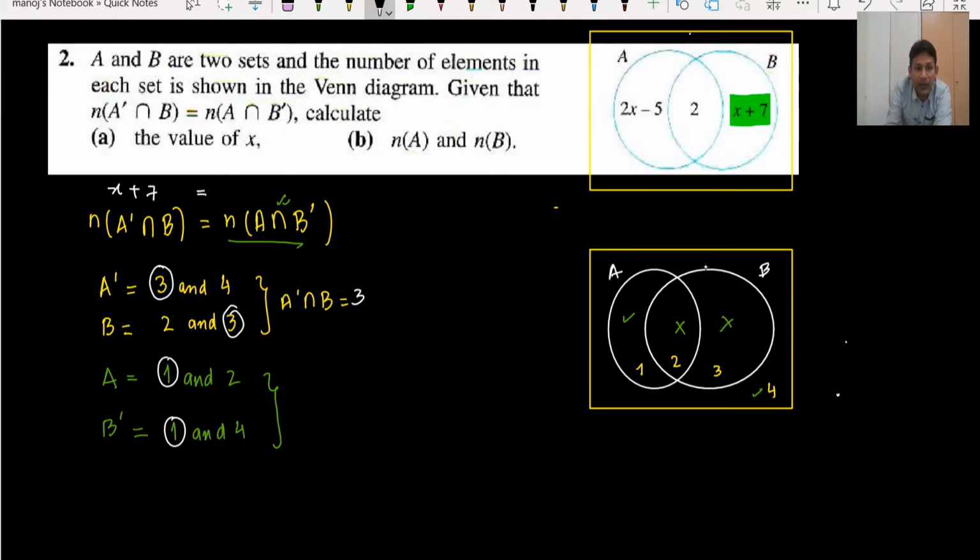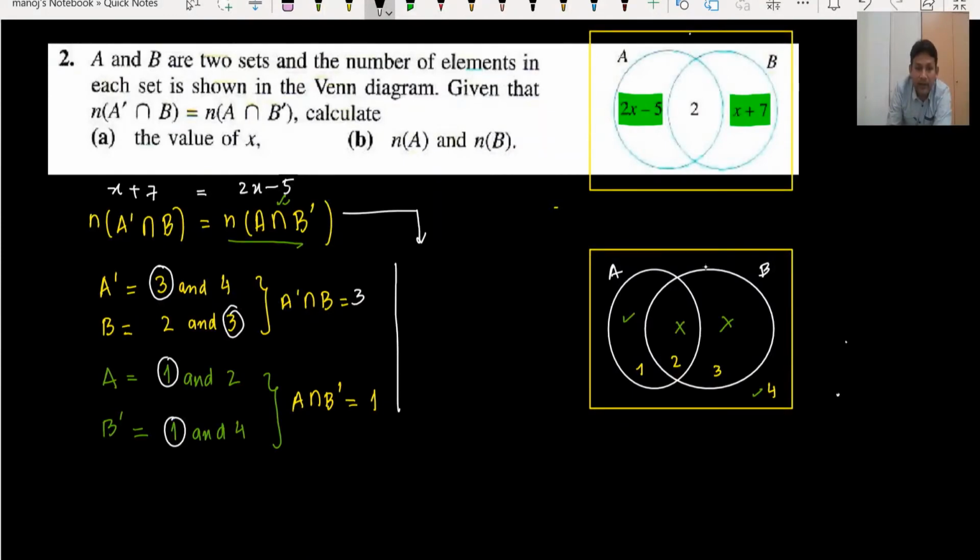So I will write here A intersection B complement has the common area 1. Area 1 means this area, 2x minus 5. So this is the condition we have.